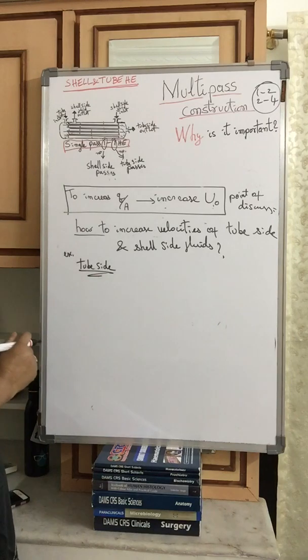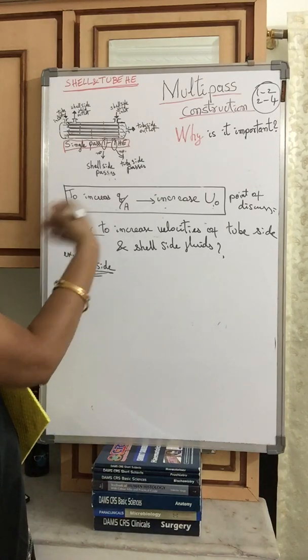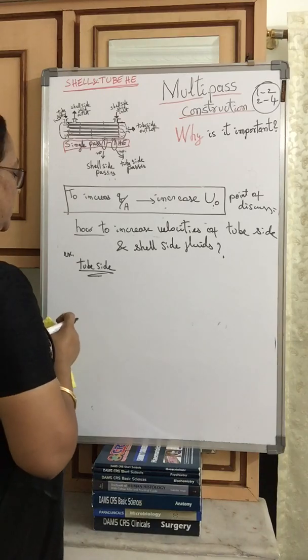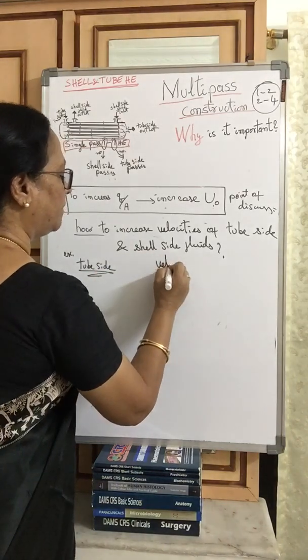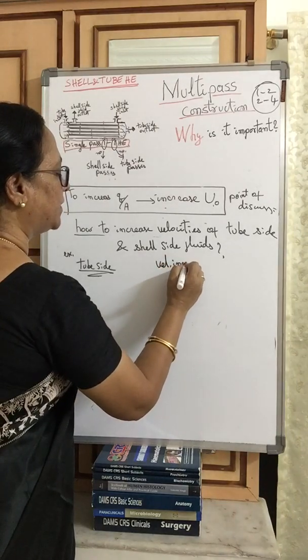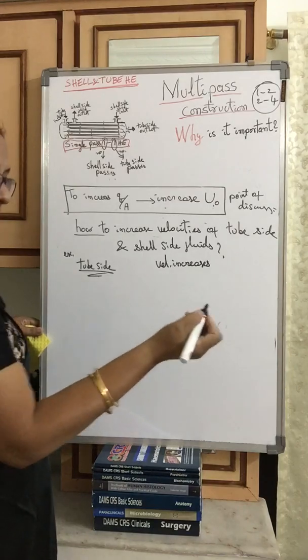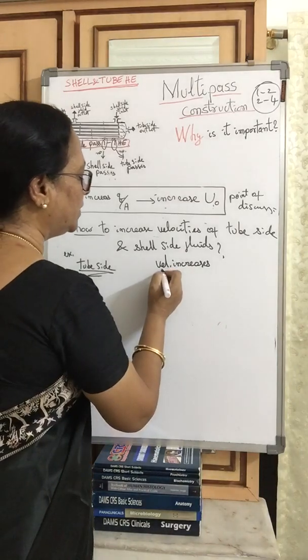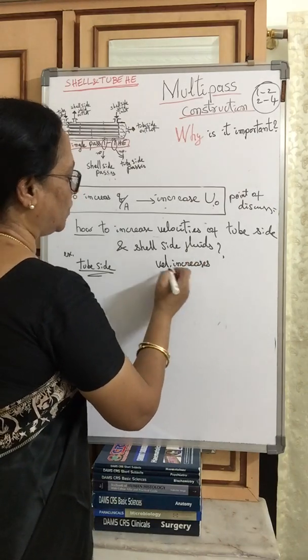The basic principle we will use in the multipass construction to increase the velocity of the fluids is the basic principle which we use in flow meter construction, like the venturi meter or orifice meter.